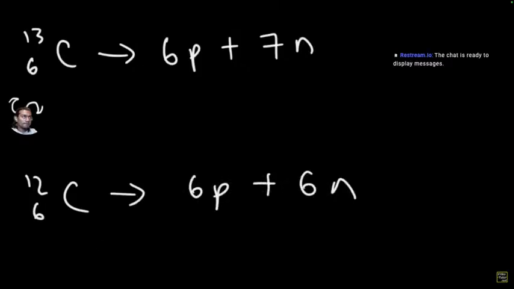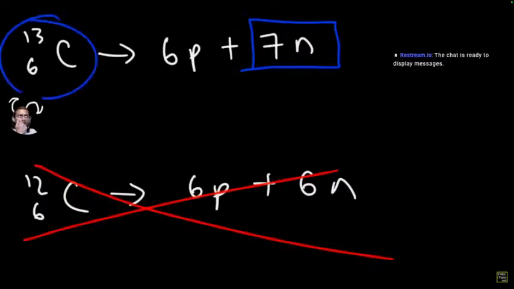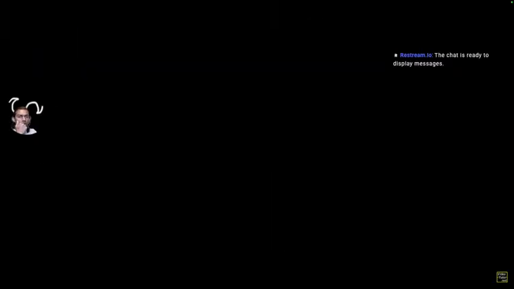Carbon 12 does not have an odd number of protons, nor does it have an odd number of neutrons. So carbon 12 does not have a property called spin. Therefore, you can't use it in NMR spectroscopy. Carbon 13 has an odd number of neutrons, so therefore you can use carbon 13 in NMR spectroscopy.